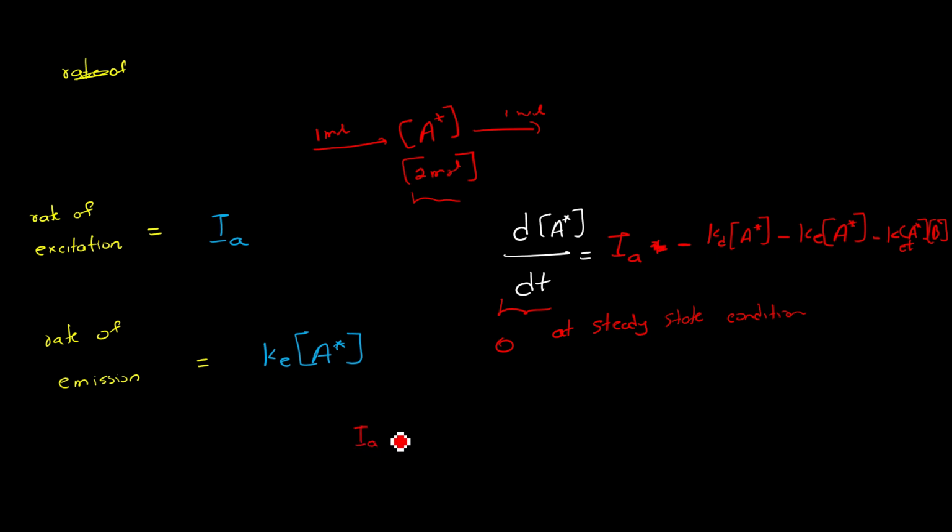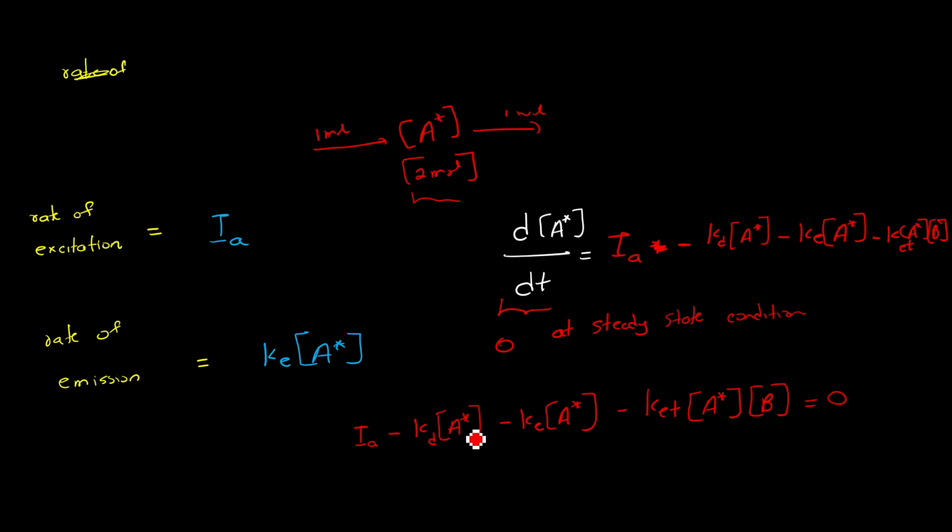We have IA negative KD A star, negative KE A star, negative KET A star B, equals 0.